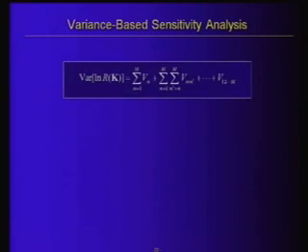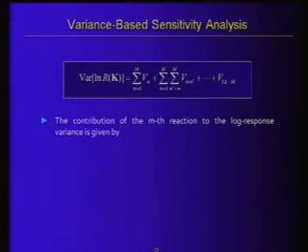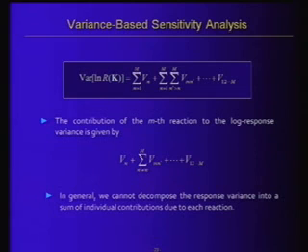So anyway, we have this formula. Basically what we do with this formula is that we take the variation of the output and we decompose it into partial variations, the V's that you see here. If you understand this material, then you can say that the contribution of the mth reaction to the log response variance is given by this term out of all this stuff, where the first term is the contribution of the mth reaction by itself.